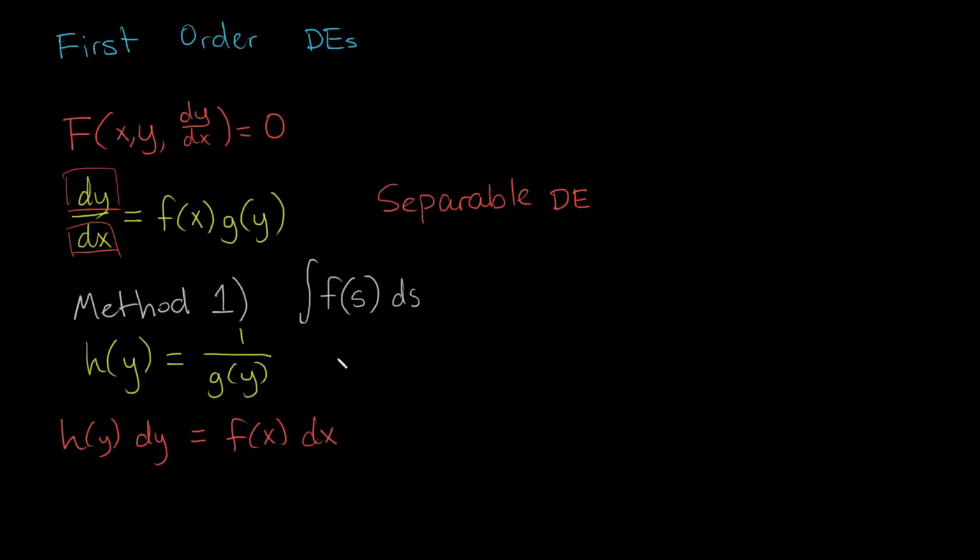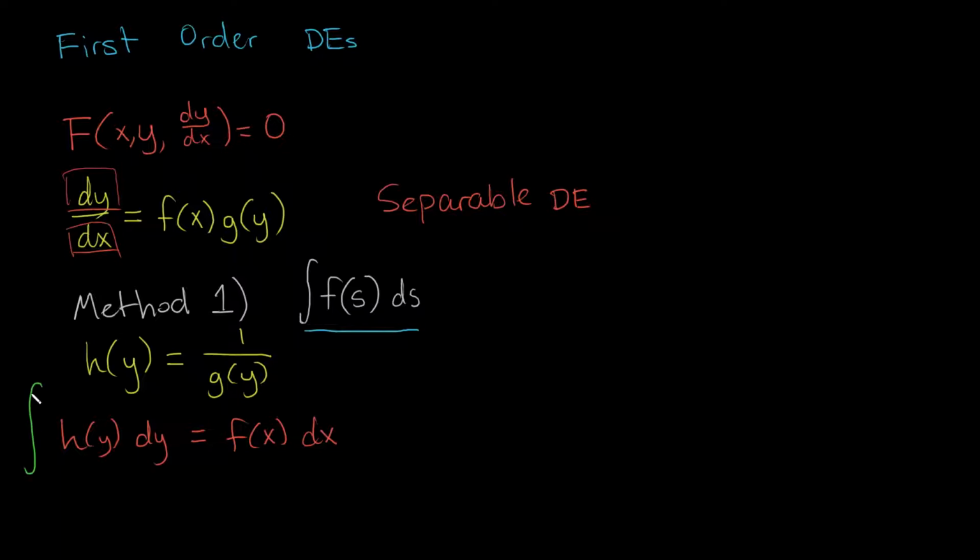Now, once we have it in this form, h of y dy equals f of x dx, we have it into an area where we can apply this integral rule, where if we have a function and then the variable that the function depends on, then we can just take an integral. So next, we say, all right, we can just integrate this.